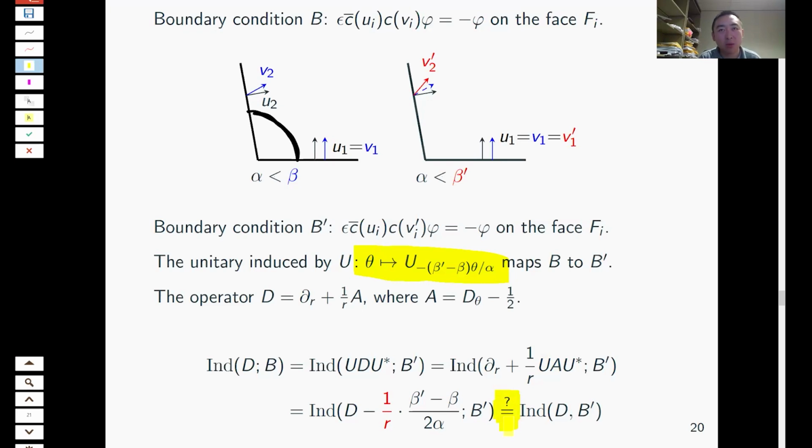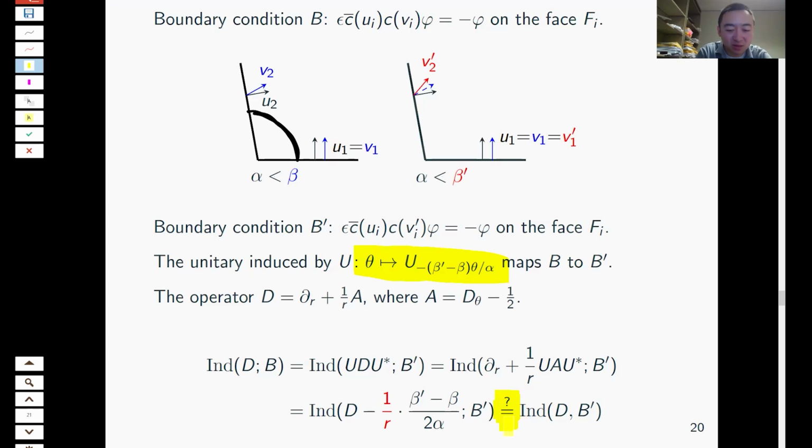D with B prime is equal to D with B. But now the operators really differ by a function, right? By 1 over r things. If it's a smooth, bounded function, then we definitely know they are equal. Just define linear paths moving one to another.